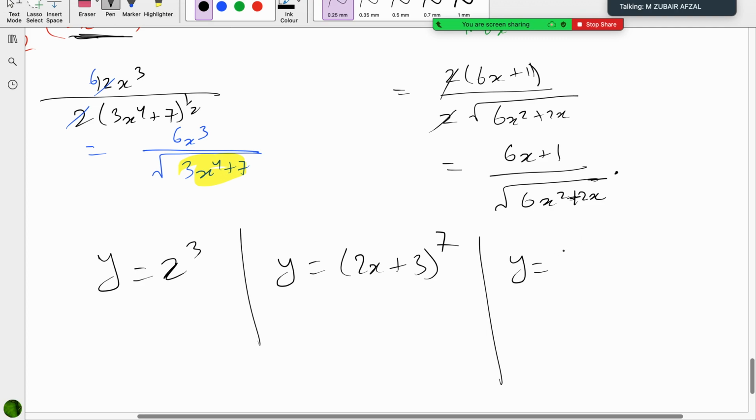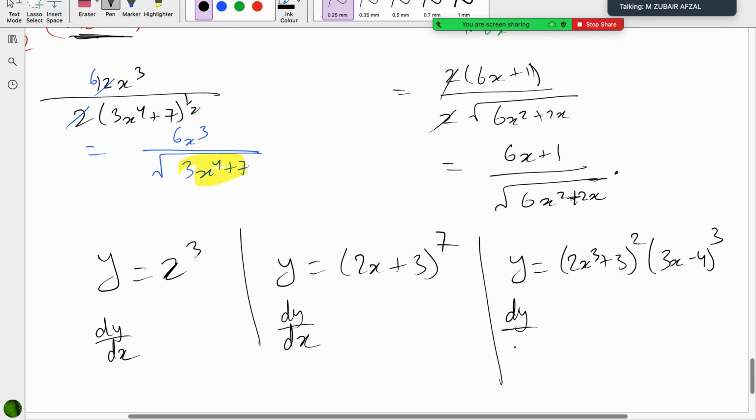Y is equals to 2x cube plus 3 squared into 3x minus 4 raised to power 3. So these are different types. You should know how to solve dy by dx. Other than that, every concept is same.